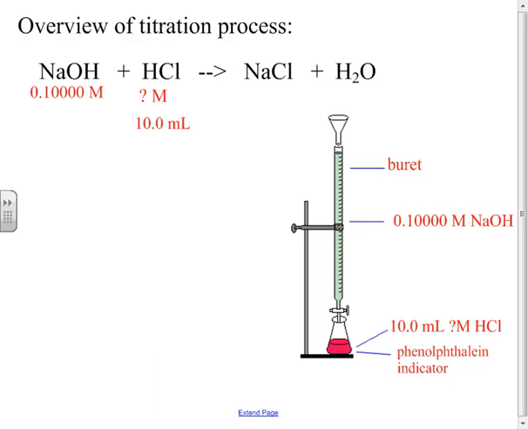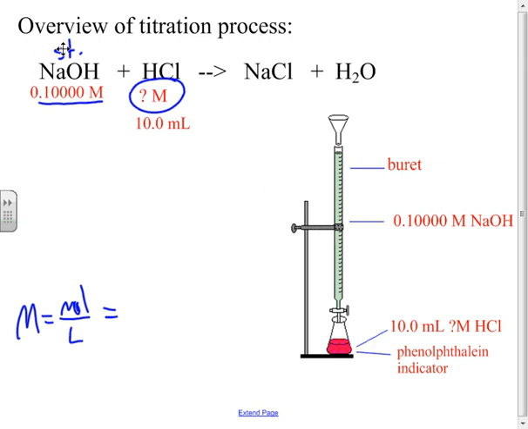To give you an overview of the titration process, let's say I had a standard solution of sodium hydroxide known quite precisely, and I had an unknown concentration of hydrochloric acid, and I want to find the molarity of it. Remember, molarity is the ratio of moles per liter, and so if I want to know the molarity, I need to know the moles and the liters.